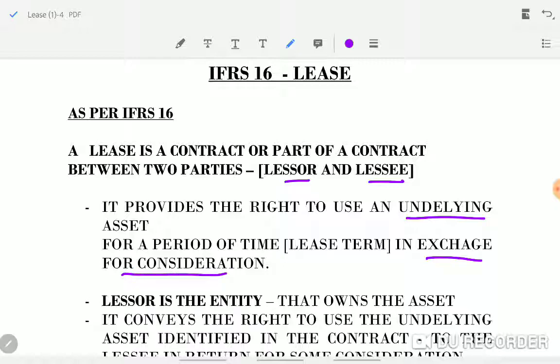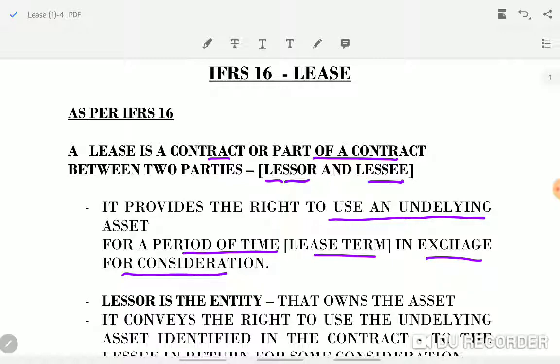This is a definition for lease contract given in IFRS 16. Okay, it is a contract or part of a contract between two parties, lessor and lessee. The contract provides a right to use an underlying asset for a period of time, that is lease term, in exchange for some consideration.